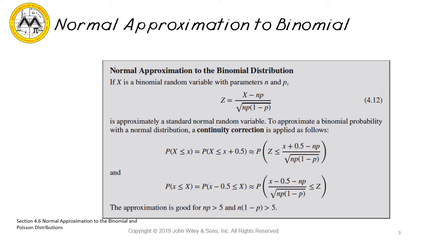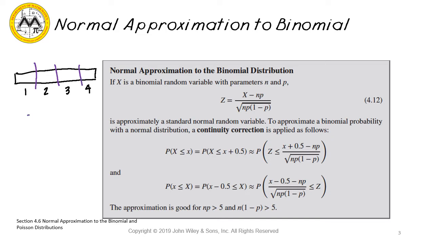Now take note of this correction factor. If we assume a number line, such that we have 1, 2, 3, and 4, for example, we will have the boundaries between 1, 2, 3, and 4.